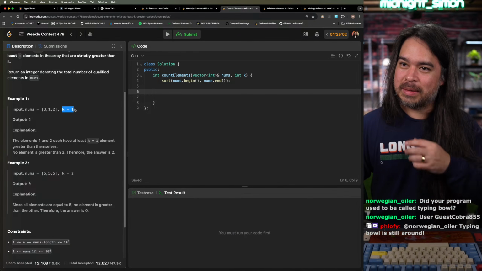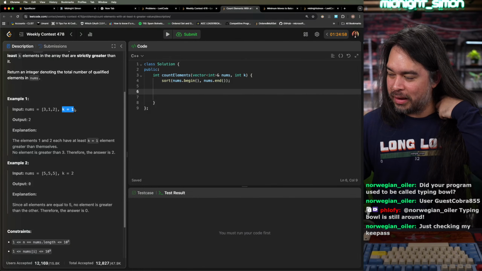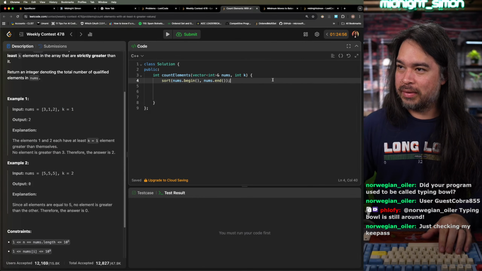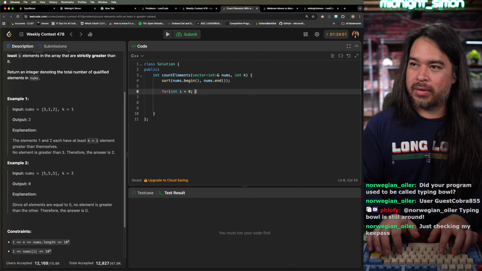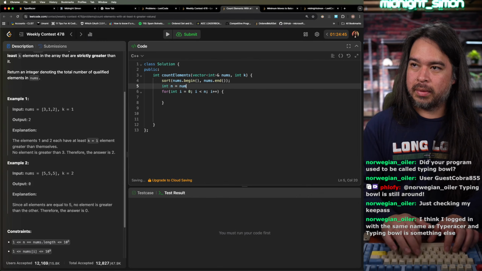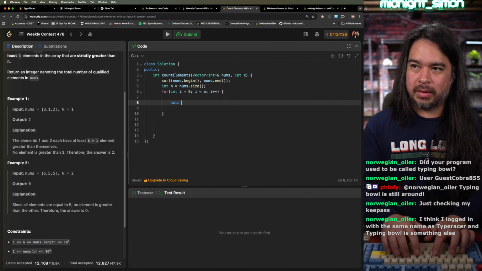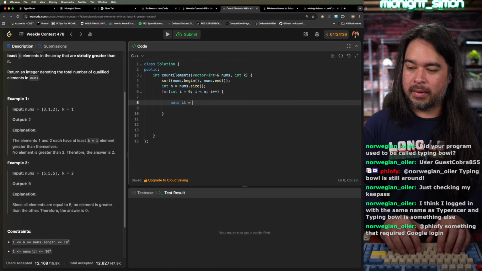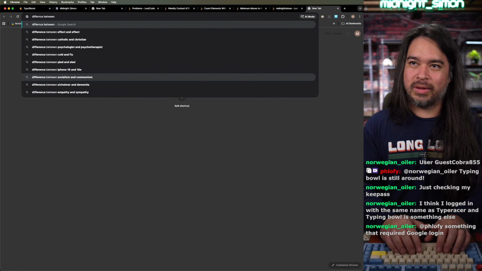At least this many elements greater than it. So if I sort, and then if I iterate through, and then I gotta be like, what's the difference. I hate that I have to do this.